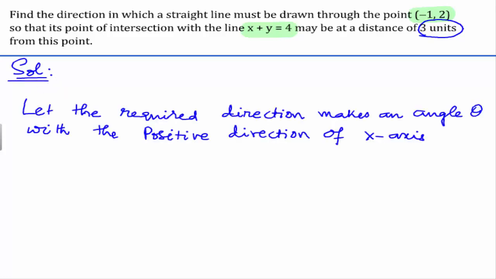Let the required direction make an angle theta with the positive direction of x-axis.